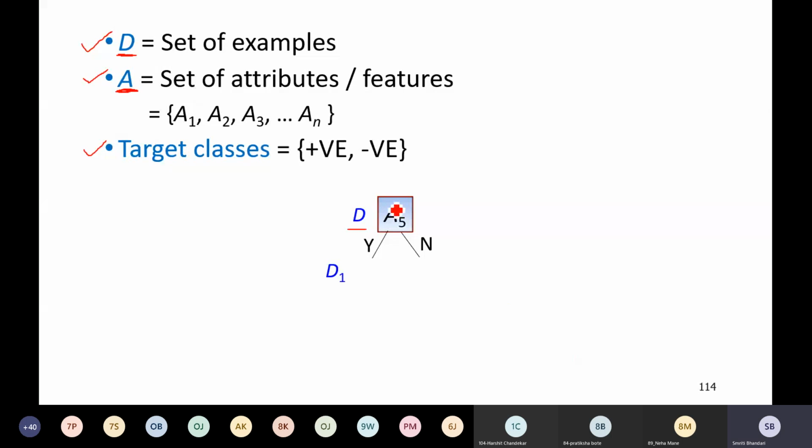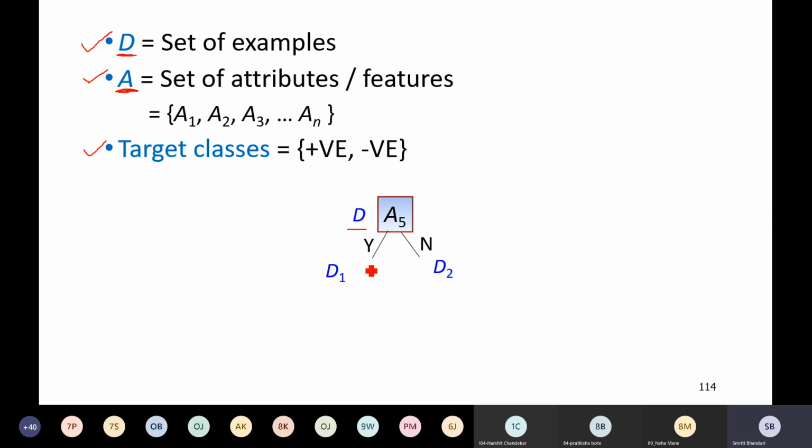Yes. Fine. So this D1 is the subset of D in which we have all the examples for which attribute value A5 is y. Now, what next we are going to do is at this level we are going to pick some other attribute.